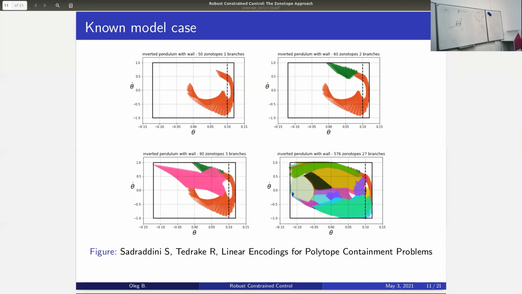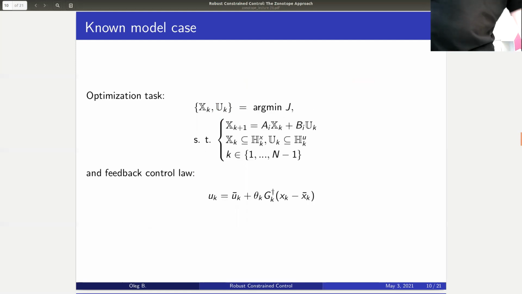It looks like you calculate a sequence of feed forwards, then you get the feedback gains from them, and now you apply these feedback gains at each time step. So how does this provide some stability, what's the goal? Yeah, I can answer.